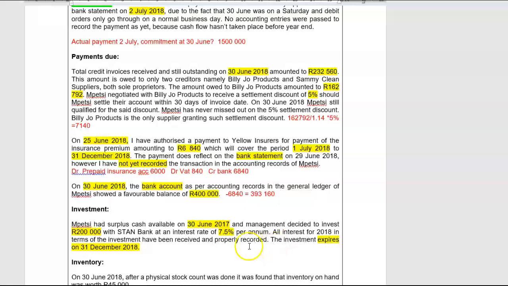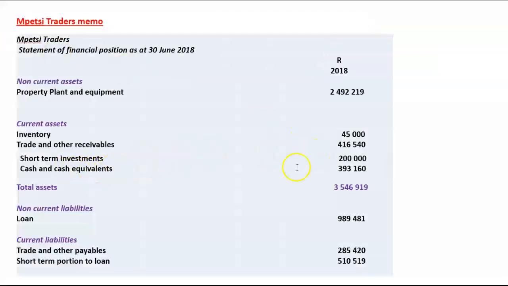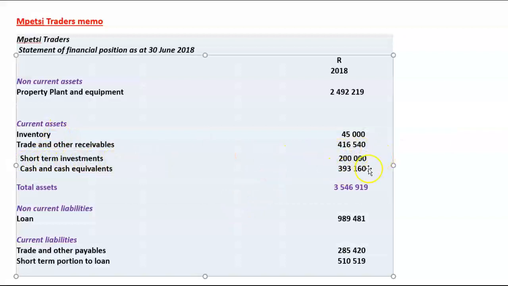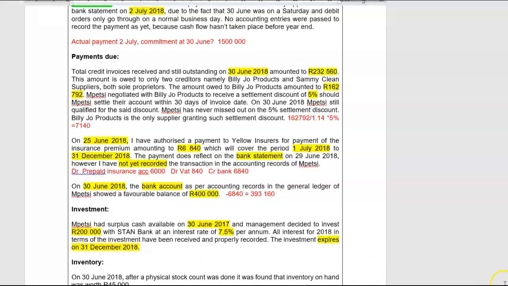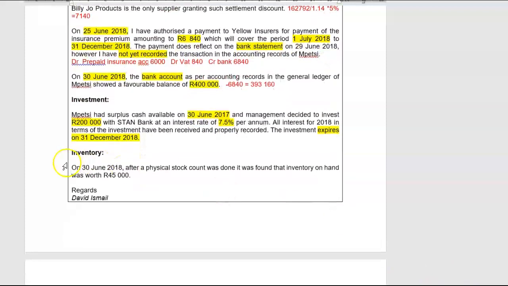However, at this point in time, it won't, because it's not within the 3-month period. So cash and cash equivalents is going to be 393,160, and that 200,000 goes under current assets, short-term investments, 200,000 Rand. So it is not part of cash and cash equivalents because it does not adhere to the definition of cash and cash equivalents.